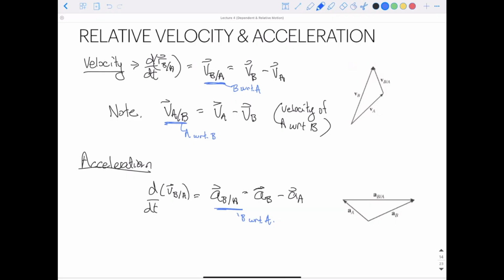If you have two cars going in the same direction and one of them is going faster than the other, the faster car would see the slower car as if it was moving backwards, relatively, because it's passing it. So that's all that these equations are showing.